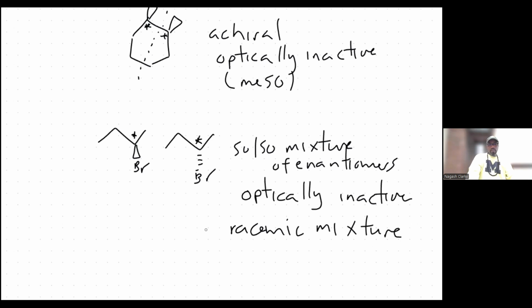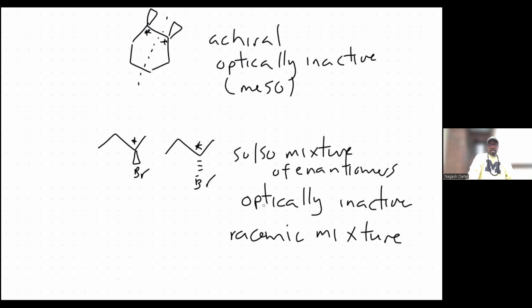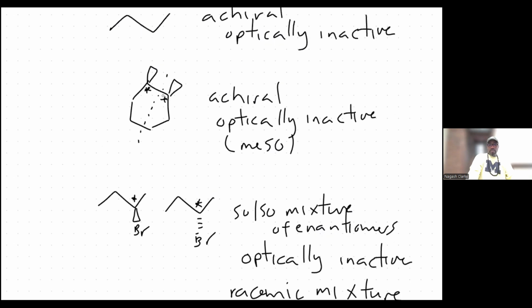So different scenarios. So you can have a racemic mixture, a 50-50 mixture. It has to be 50-50. It can't be 60-40 or 55-45. With a 50-50 mixture of enantiomers, you're going to have an optically inactive mixture. Your light will not rotate to the right or to the left. We have a compound that has a plane of symmetry, even though it has chiral carbons, it will also be considered achiral and optically inactive as a meso.